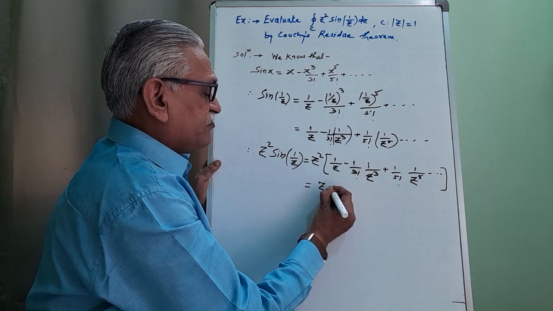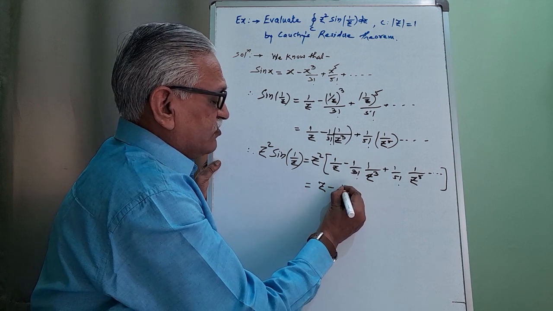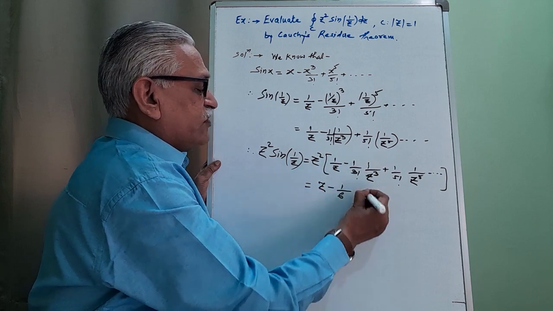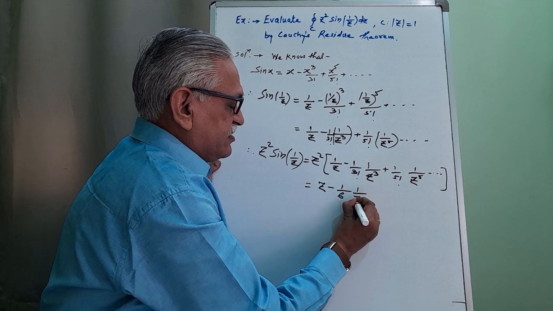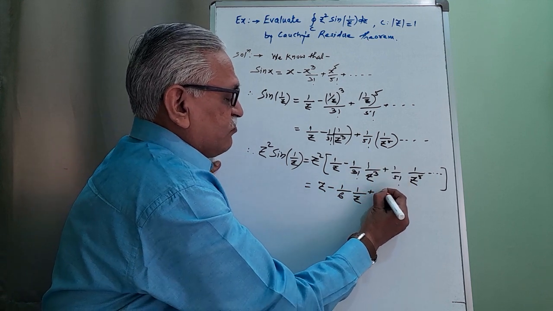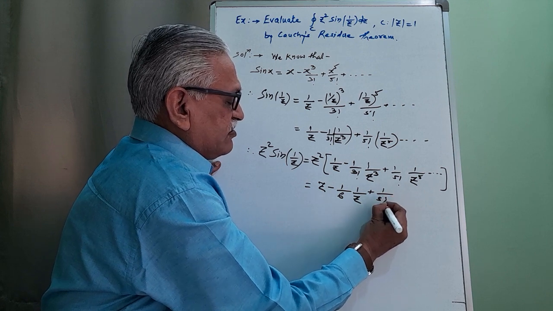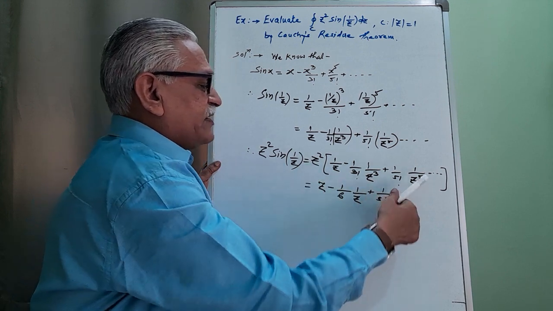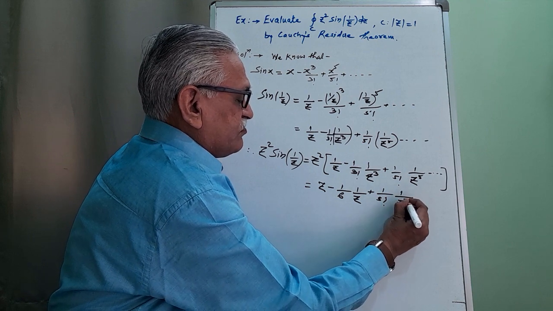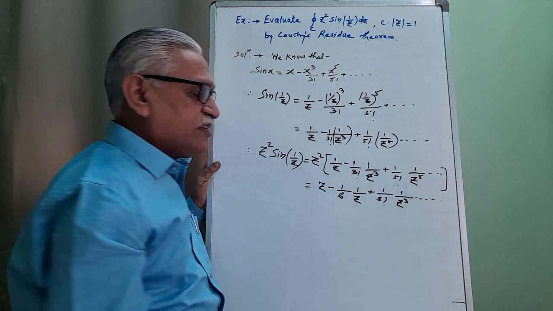Next one is 3 factorial is 6, 1 by 6. Z square divided by z cube, we get 1 by z as the second term. Next one is 1 by 5 factorial. Z square divided by z raised to 5, we get that term as 1 by z cube and so on.